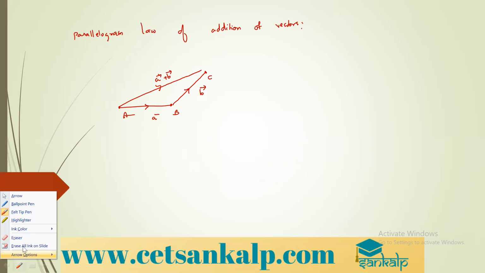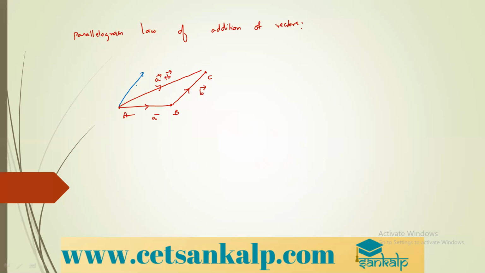In other words, you can add this in another way. You can take the BC vector, but here it is named AD, so it is vector B only. And then you have the DC vector, but it is vector A. So you can write the AC vector as vector B plus vector A also.